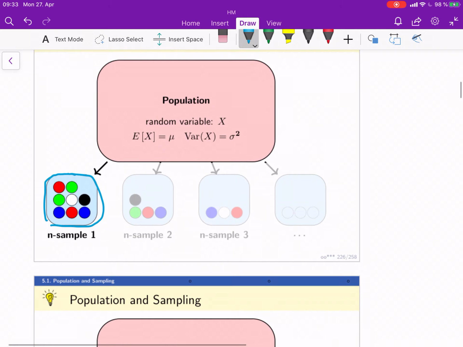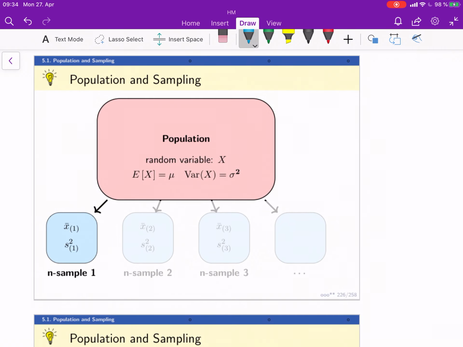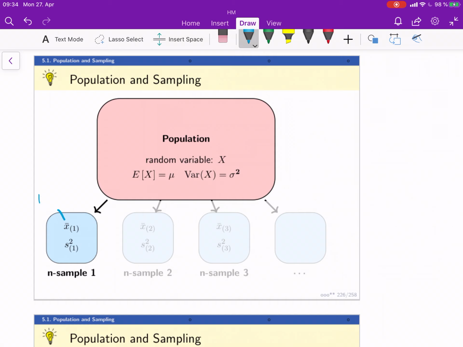If we just think of the things we describe samples with, then we worked with a mean value.